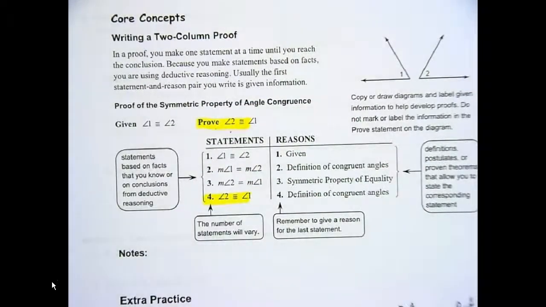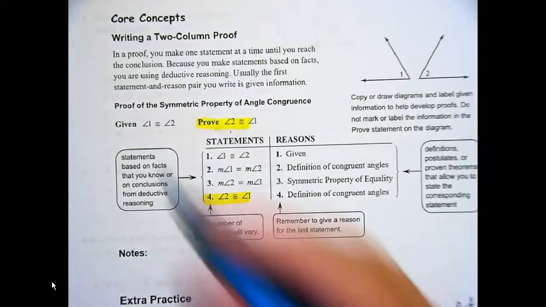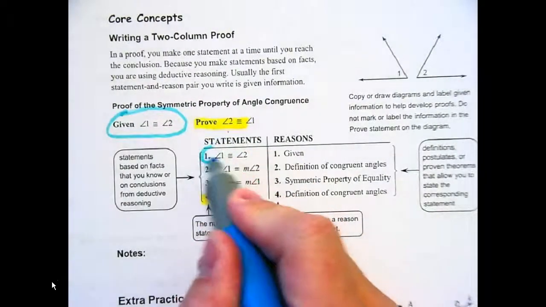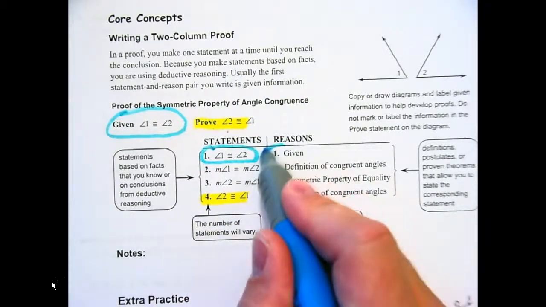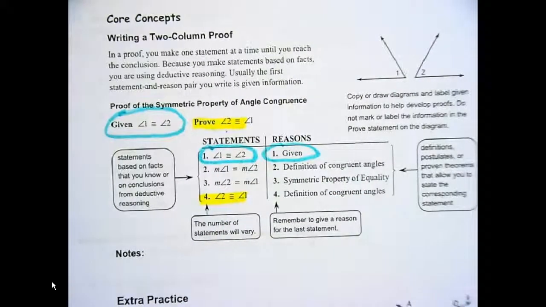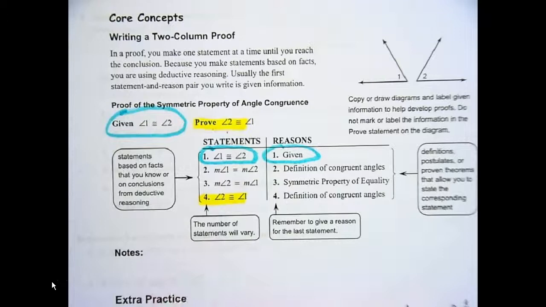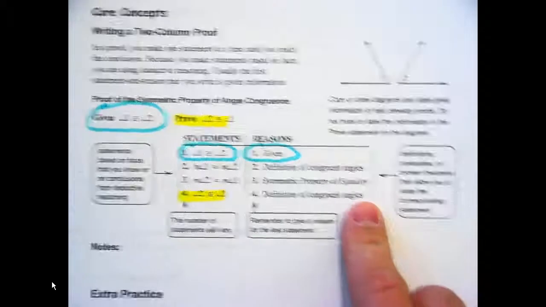Notice within your proof, you should always list your given information. I usually list it at the very beginning. Not everyone does. Some people list it as they use it, but I usually list all my givens at the very beginning of the proof. Statements are based on facts that we know or conclusions we can deduce from reasoning, and then we use our reasons.